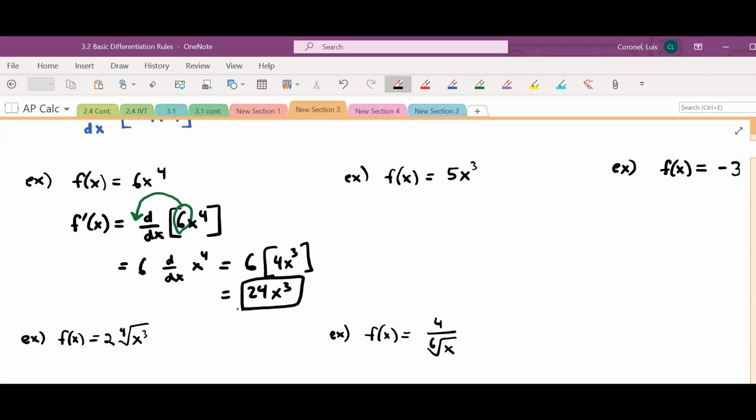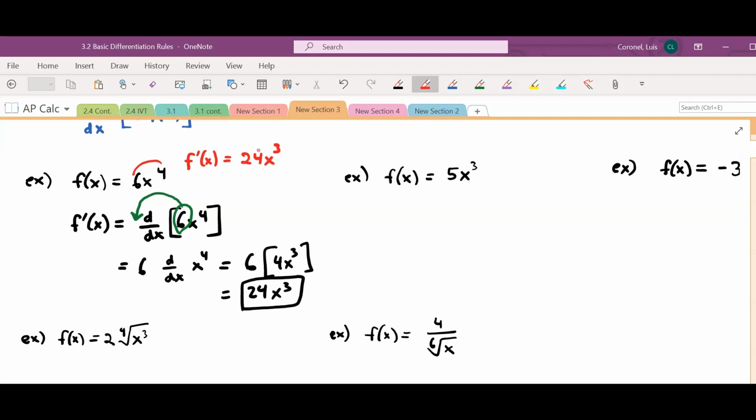If you wanted to do the power rule right away, you could have. There was nothing stopping you. If you chose to do the power rule, you would be multiplying the 4 and the 6, right? 4 times 6 is 24. Subtract 1 from the power. So there are just different ways to get the derivative.